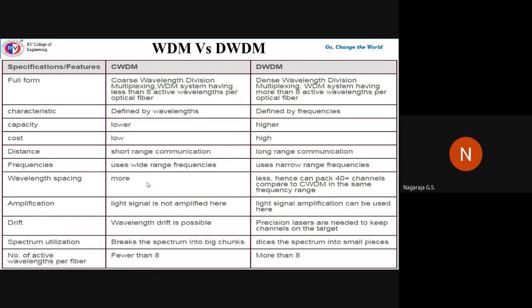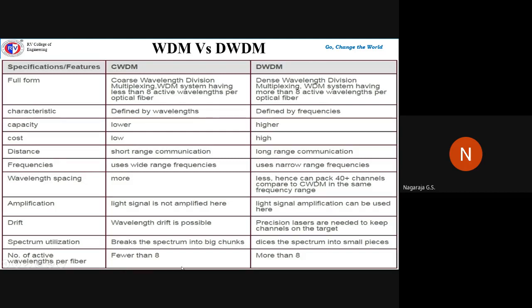Wavelength spacing becomes larger here. DWDM can pack 40 plus channels compared to CWDM in the same frequency range. On amplification, the light signal is not amplified in CWDM, whereas here it can be amplified. Wavelength drift is possible; precision lasers are needed to keep the channels on target. Then spectrum utilization: CWDM breaks the spectrum into big chunks, while DWDM divides the spectrum into small pieces.